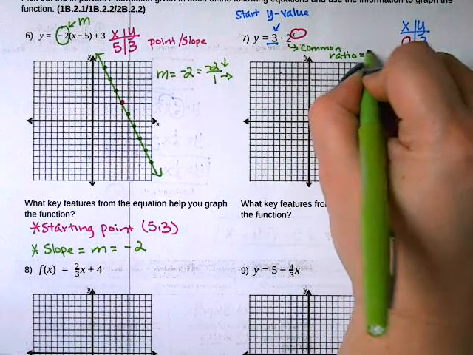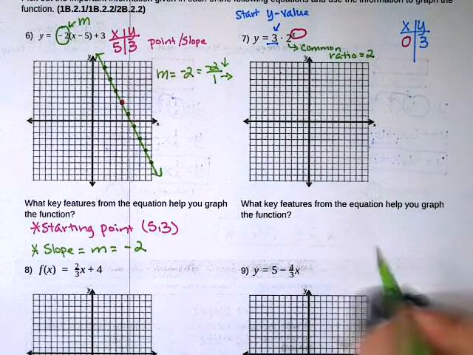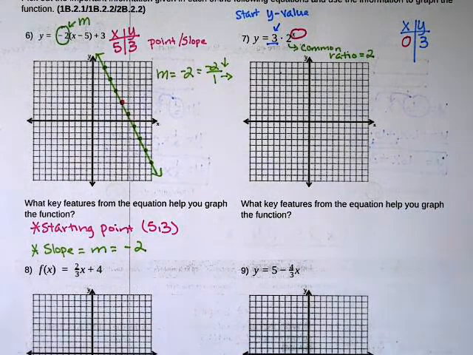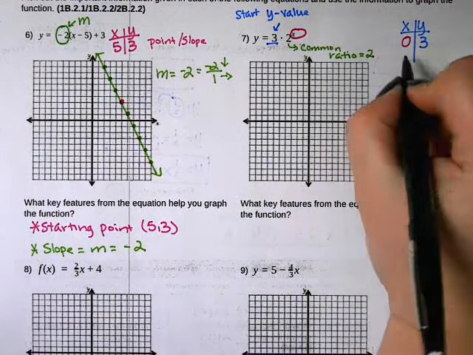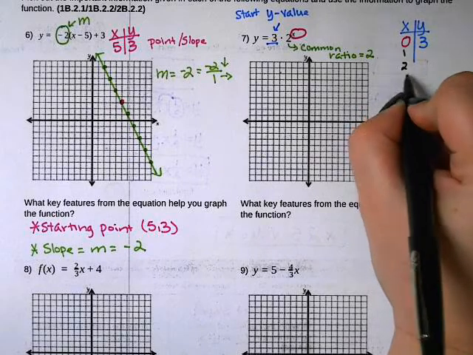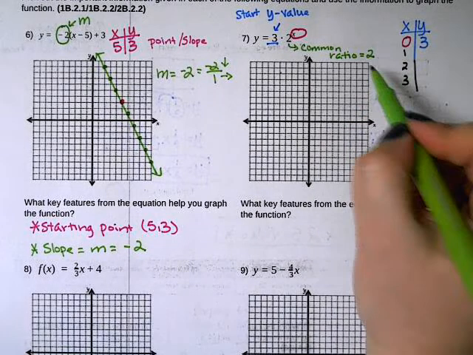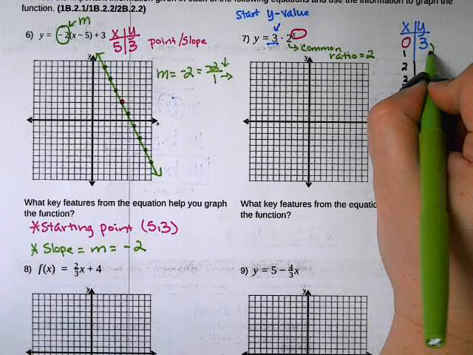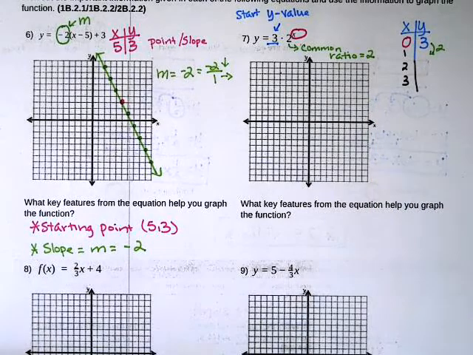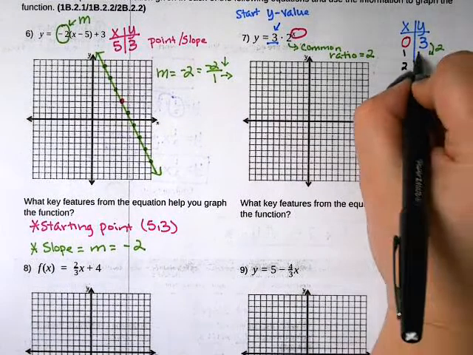So I have a common ratio of 2. Well, what that means is if I wanted to make more points on my table, I could just use my common ratio. So if I have a common ratio of 2, it means I'm going to multiply by 2 to get my next value. So I know that 3 times 2 is 6.